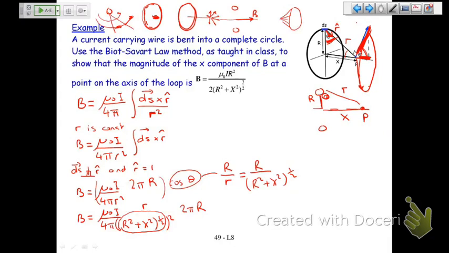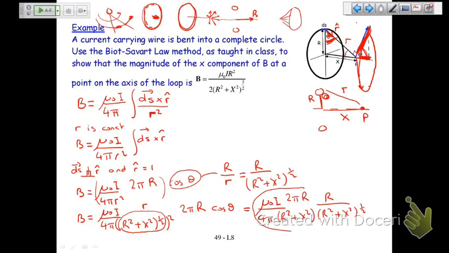Yep. So I'm going to write down cosine theta, and then substitute in. I'm going to get mu naught I over 4 pi, times R squared plus x squared to the half times 2 is to the 1, so just leave it alone. Times 2 pi r, leave that alone, times R over R squared plus x squared to the half.